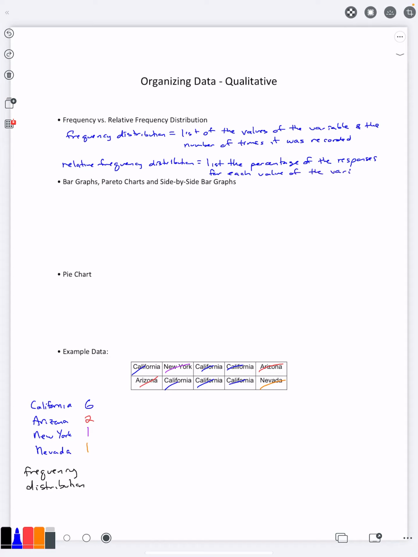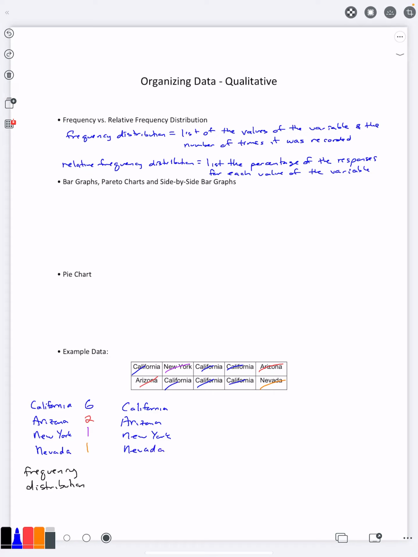So we have the exact same values down here, California, Arizona, New York, and Nevada.